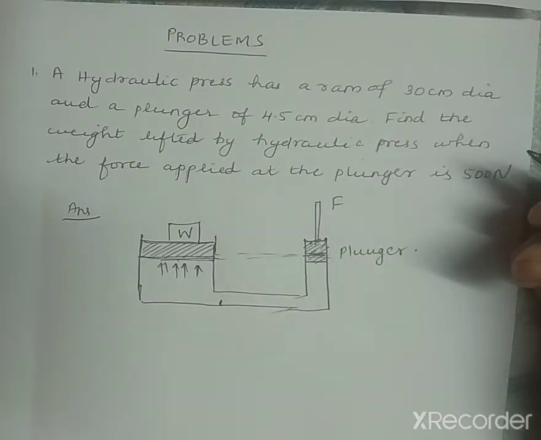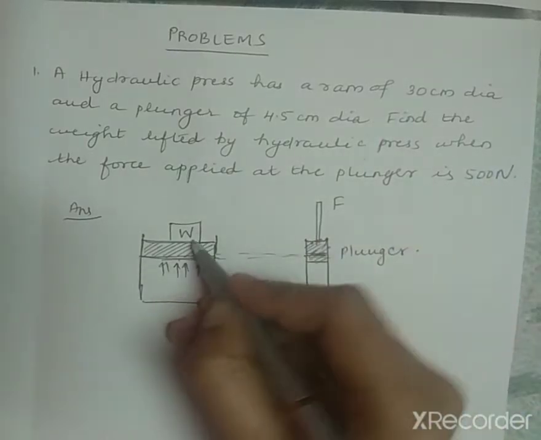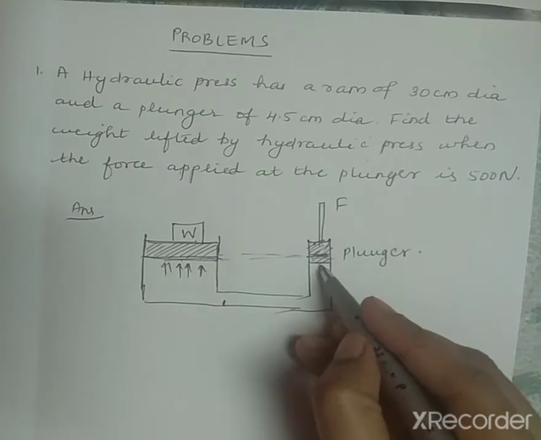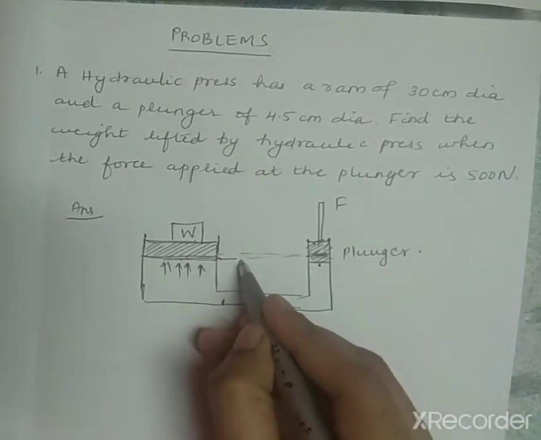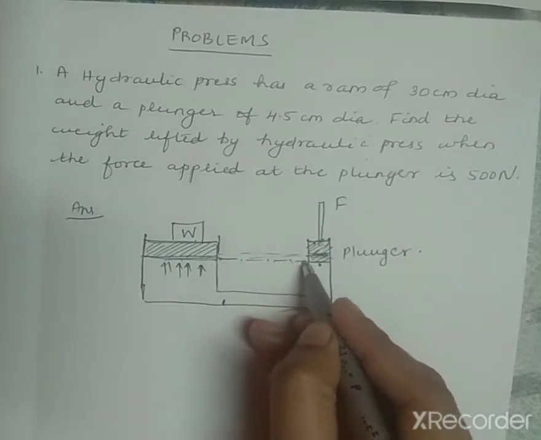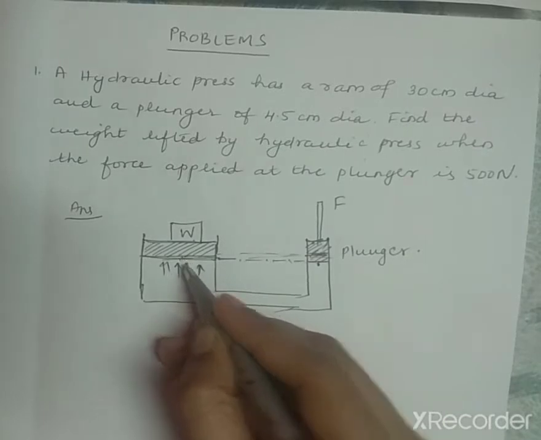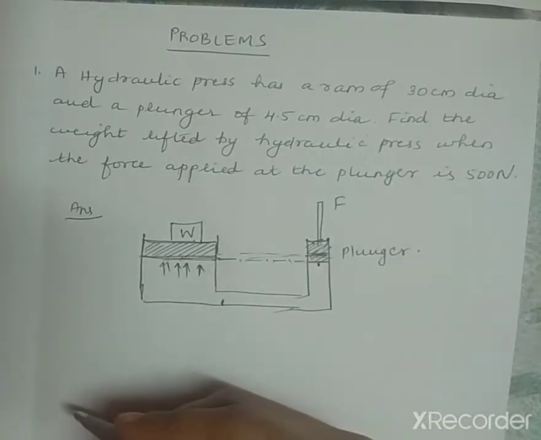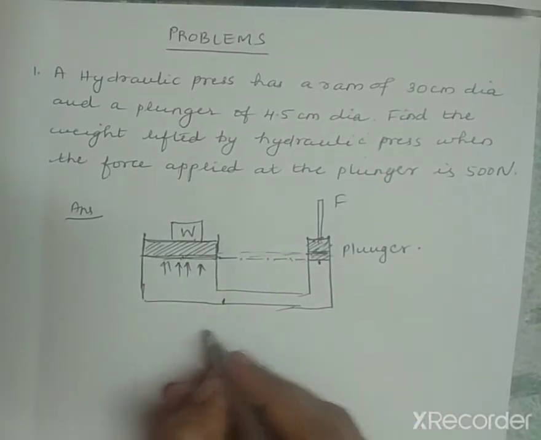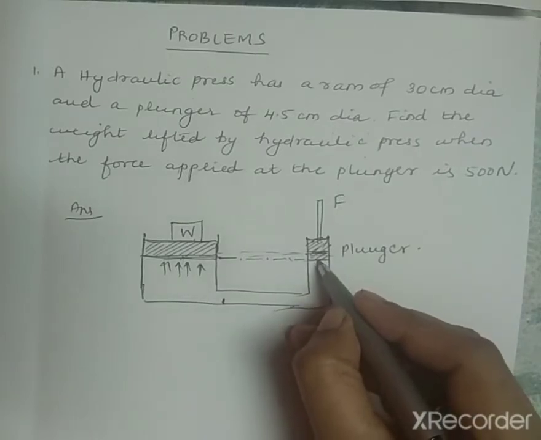Okay, so how to find out the weight? The pressure intensity at this particular point should be the same at this point also. Okay, so I have to find the pressure intensity over here.